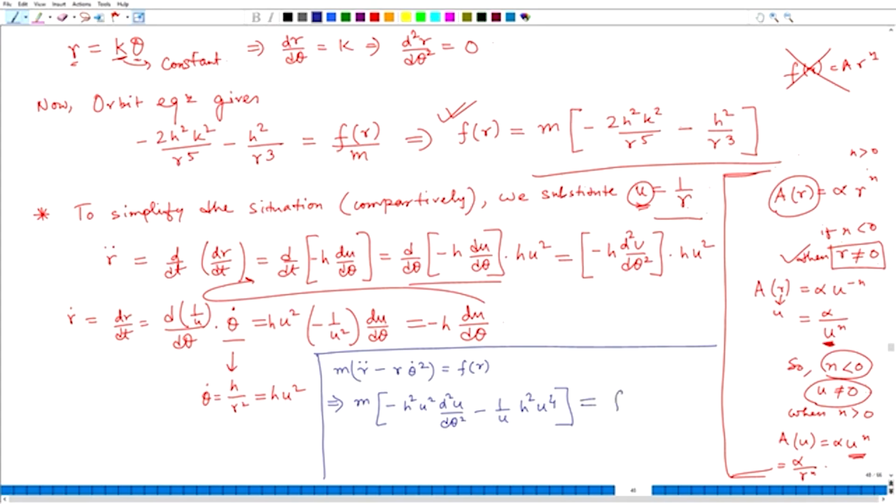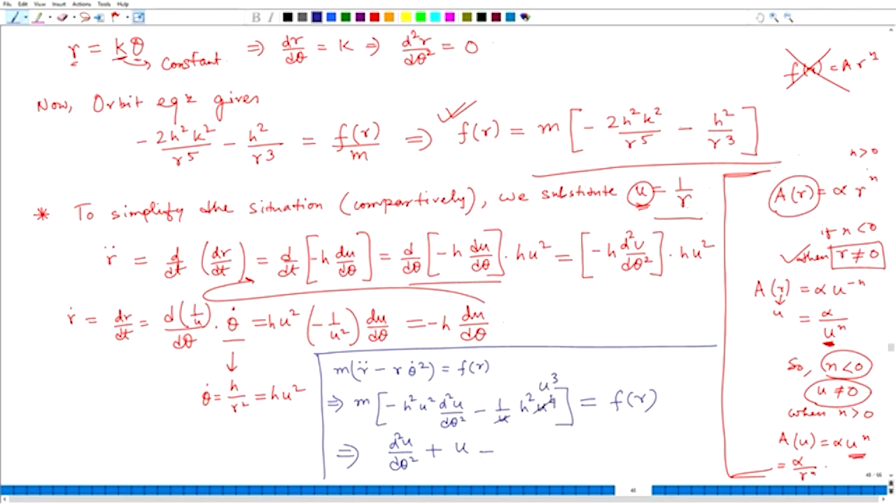This is equal to f of r, and then finally you will have d2u/dθ2 plus u, the 1 over u will go away actually from here, so it will be u cube.